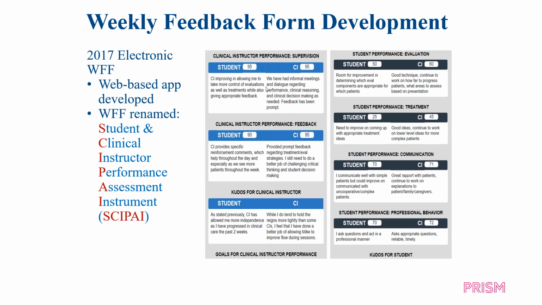And I really enjoyed this from the standpoint of now I had an electronic real-time window into student performance and CI performance. And that's when we renamed it the SCIPAI as well.